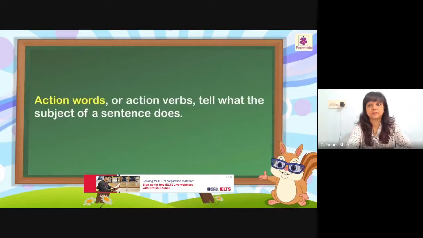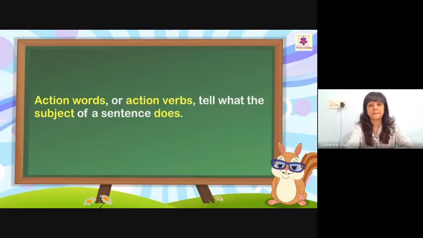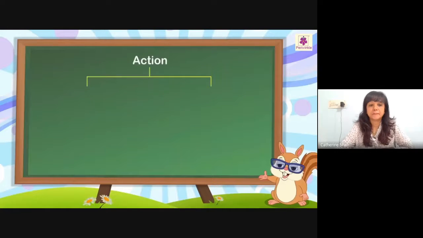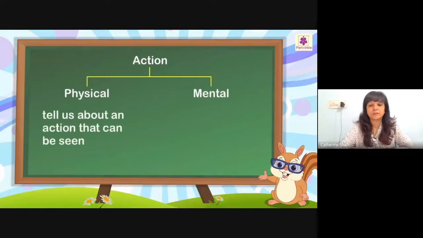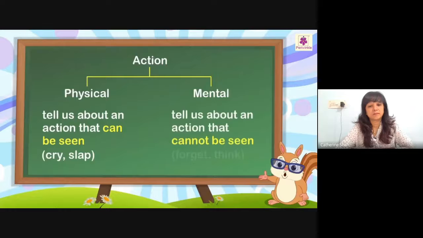Action words or action verbs tell what the subject of a sentence does. The action can be physical or mental. That is, an action verb can tell us about an action that can be seen. For example, cry, slap, or cannot be seen. For example, forget, think.